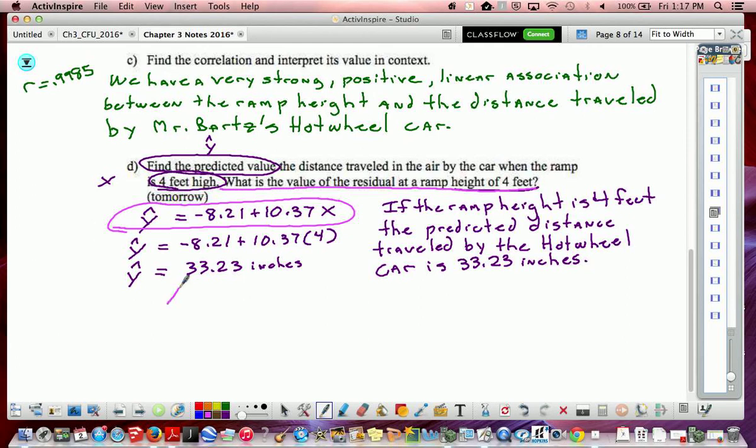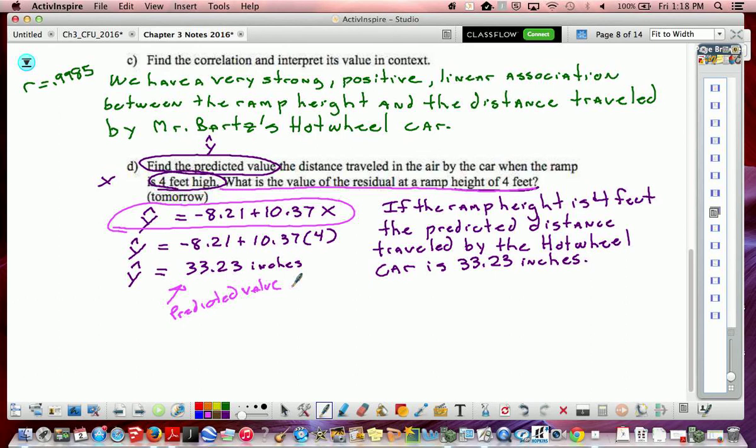Right here is our predicted value. We found it simply by plugging 4 feet into our equation and figuring out how far the equation says the car should jump. We said that it should jump 33.23 inches.